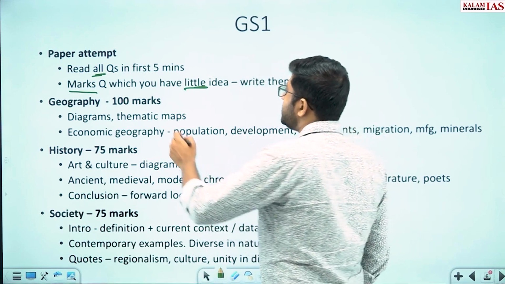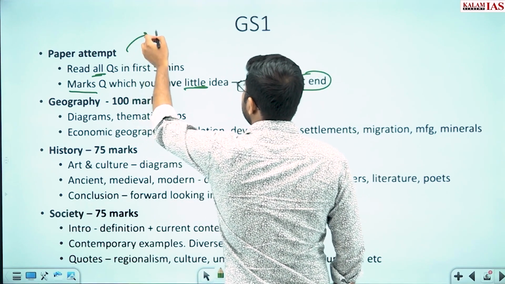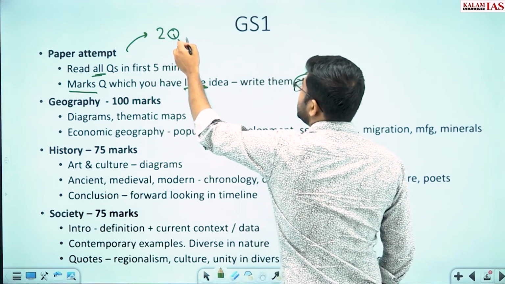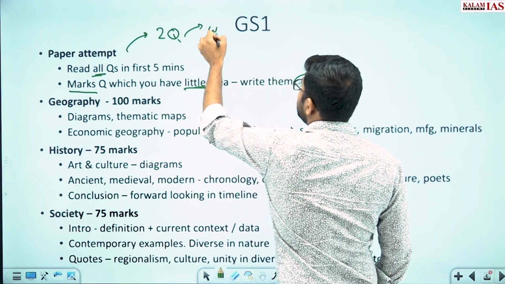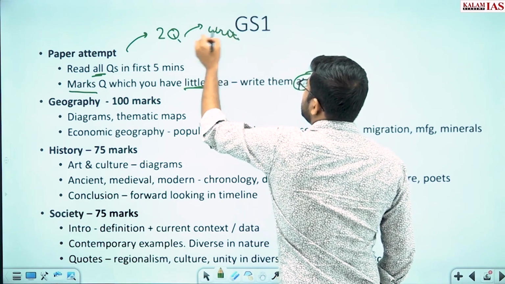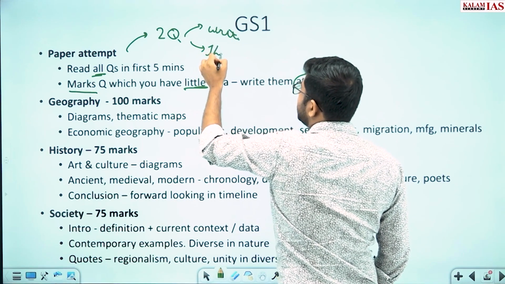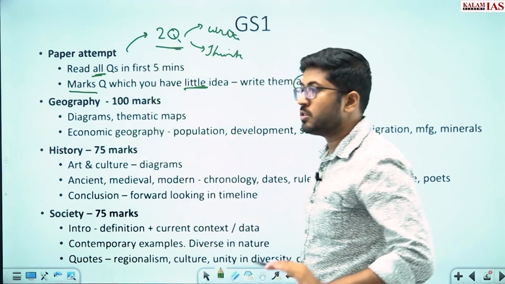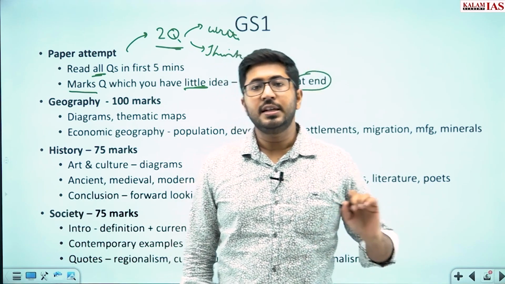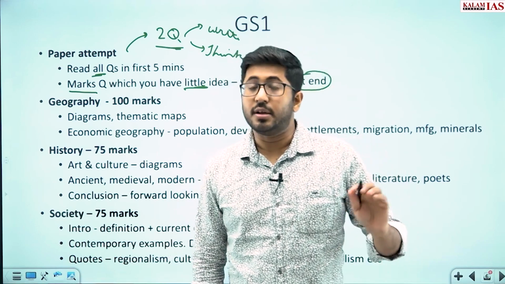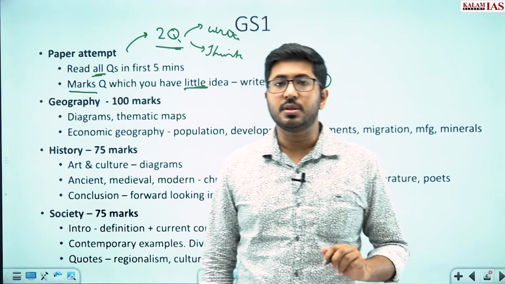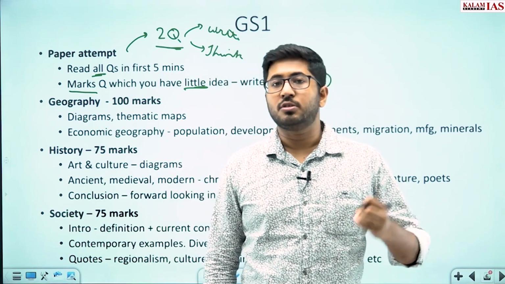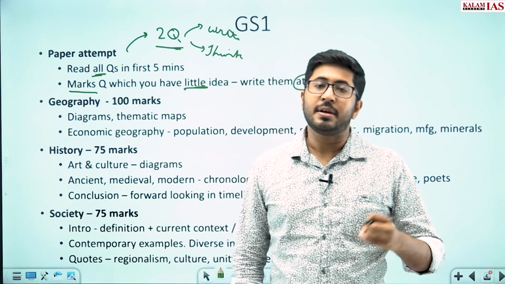Second strategy, what people do is they read only the first 2 questions in the given 4 to 5 minutes. They write points, think what they are going to write in those first 2 questions. This is because few people think if they read all 20 questions, they will be scared, or they might create a negative impact on themselves because they won't be knowing many questions.